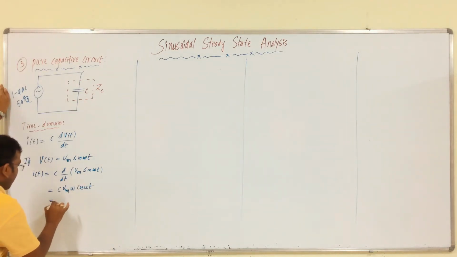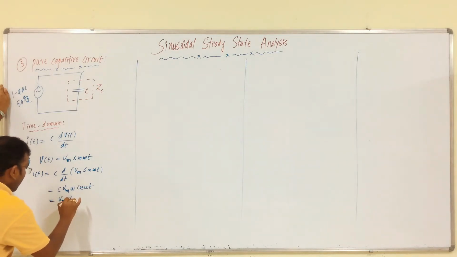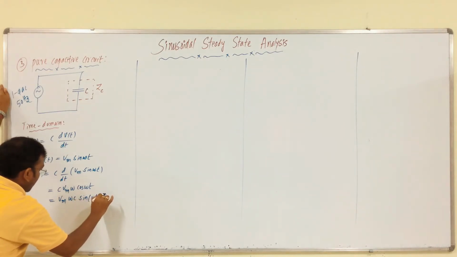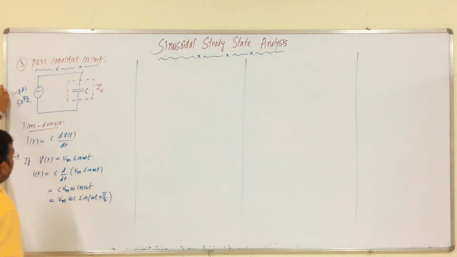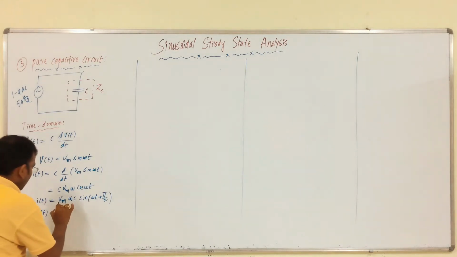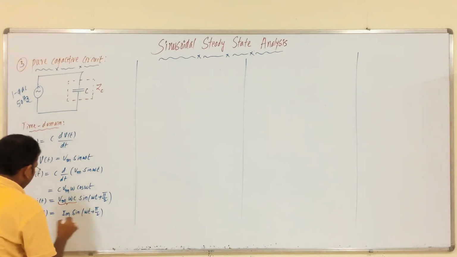So from this, Vm omega C sin(omega t plus pi by 2), right? This is i(t). Therefore i(t) is nothing but Im sin(omega t plus pi by 2).